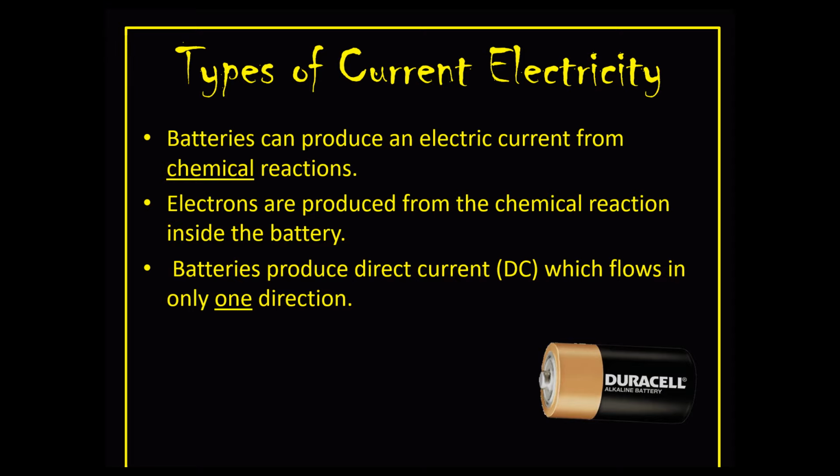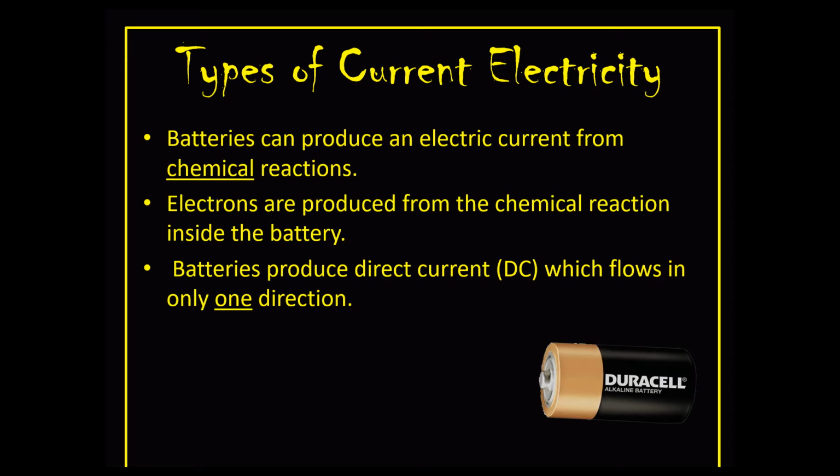All right, let's talk about batteries just a second, because batteries are pretty simple ways that we can get electricity or electrical flow. Batteries can produce an electrical current from chemical reactions. We touched on this a little bit in lesson 2, where we talked about how energy can transform.